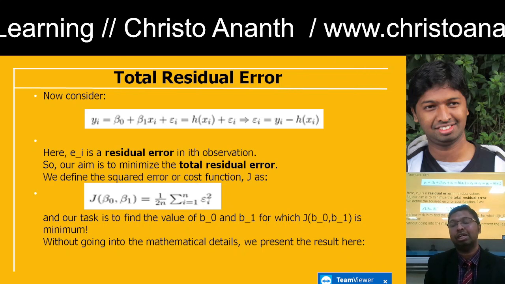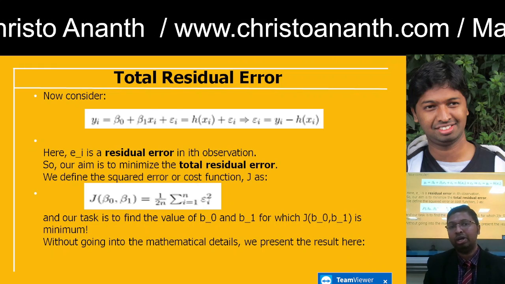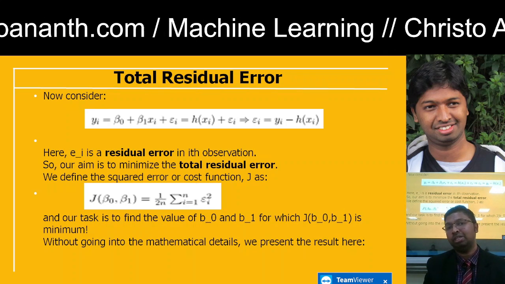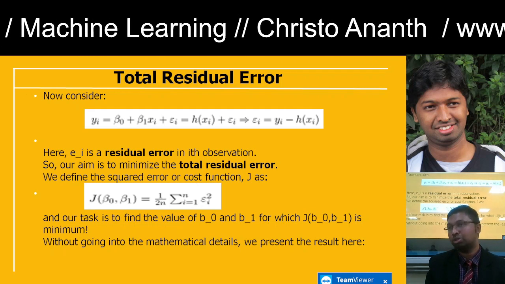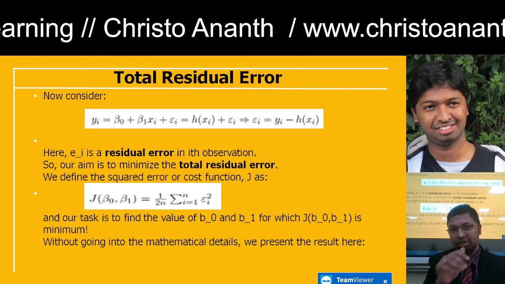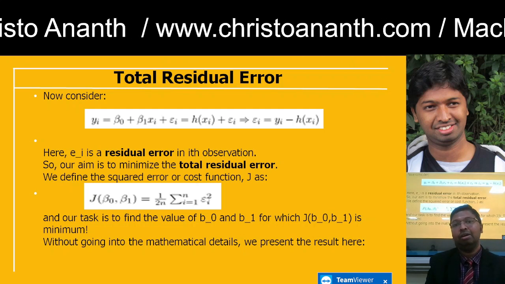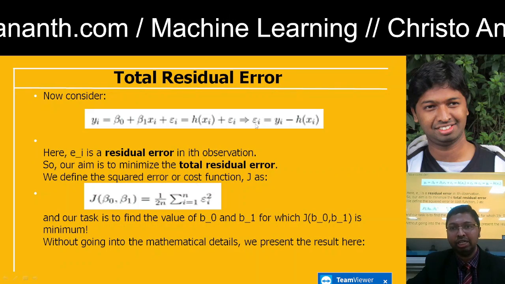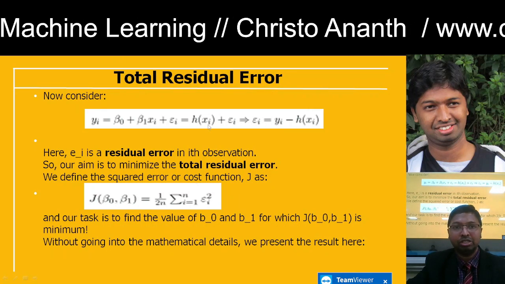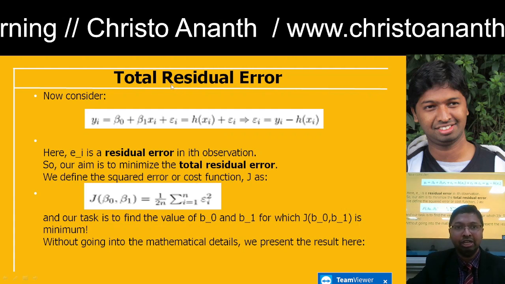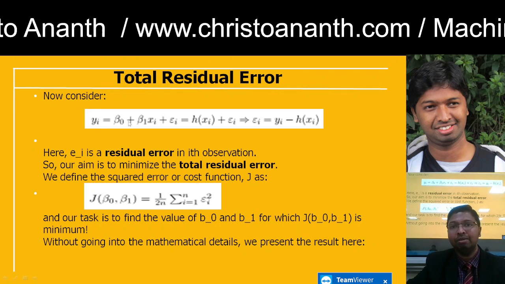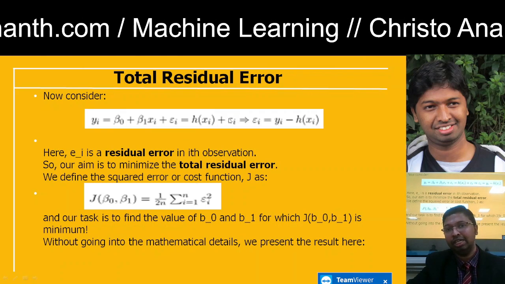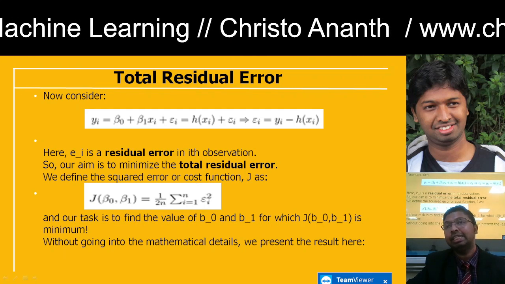These are the mathematical equations that are associated. We have yi, the response for the ith observation, which is beta 0 plus beta 1 xi plus epsilon i, equal to h(xi) plus epsilon i. So epsilon i equals yi minus h(xi). This ei, or epsilon i, is the residual error in the ith observation.